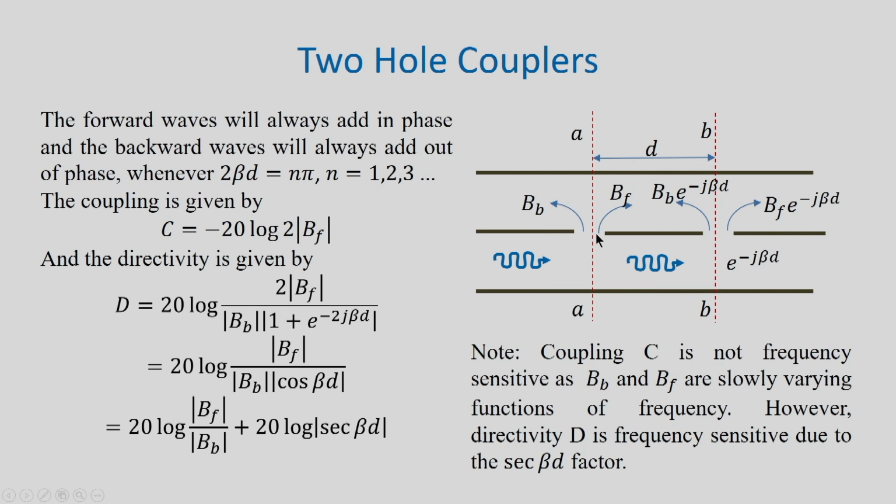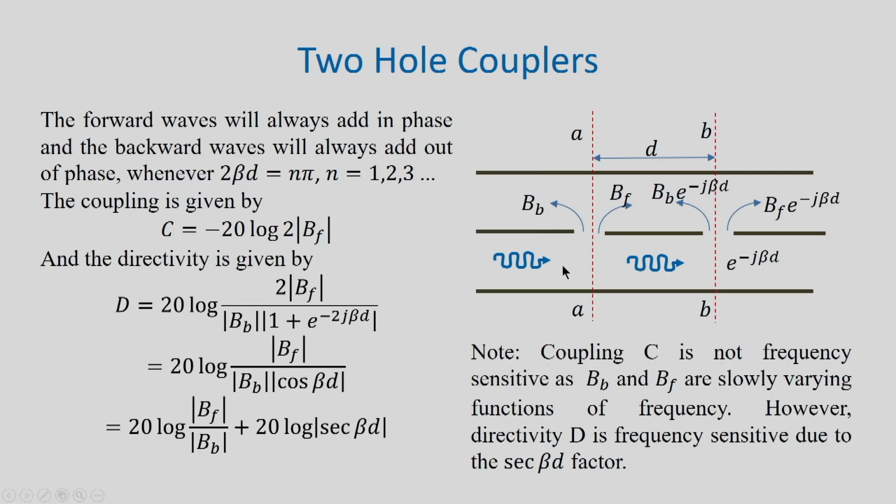This concept what we have discussed can be extended to multi-hole couplers, because if you notice here, the parameter D is very frequency sensitive, and therefore, this type of two hole coupler will have relatively narrow bandwidth.